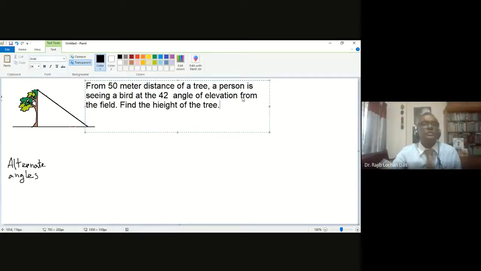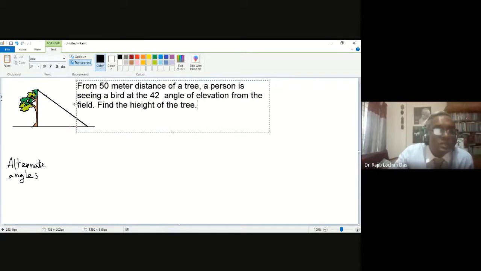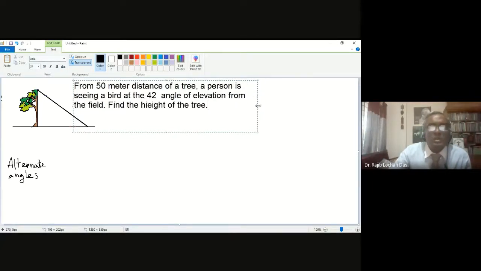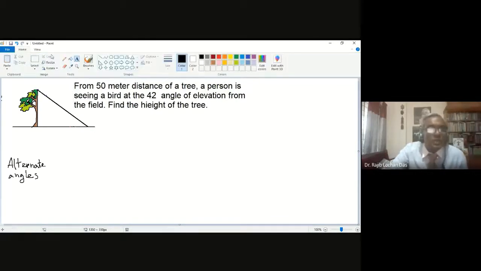So this is the question, and this is the drawing. The drawing is given on the left side. You will find out the height of the tree. There is a degree symbol here, 42 degree angle.